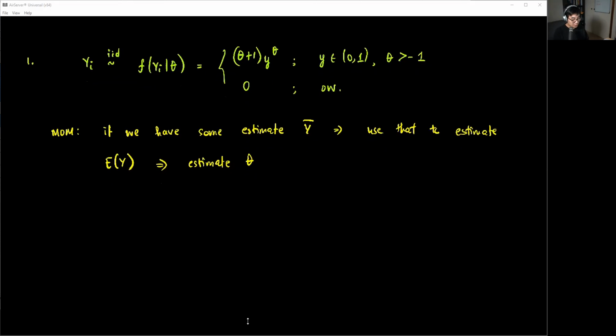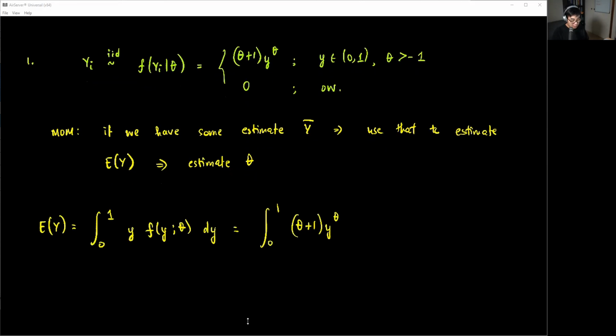So first of all, let's have a think about what the expectation of y actually is. It'll be the integral from 0 to 1 of y times f of y dy. So the integral from 0 to 1 of theta plus 1, y to the theta times y, so that'll be y to the theta plus 1, dy as follows.